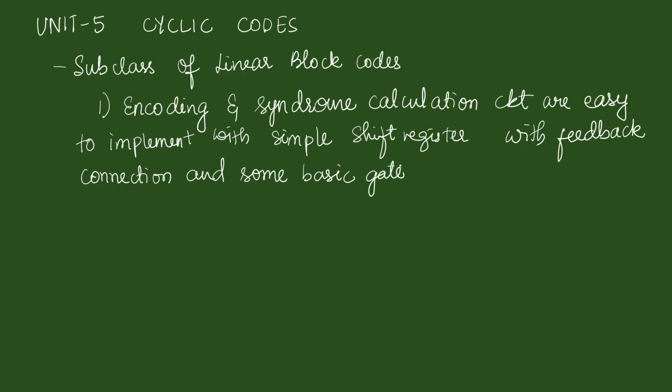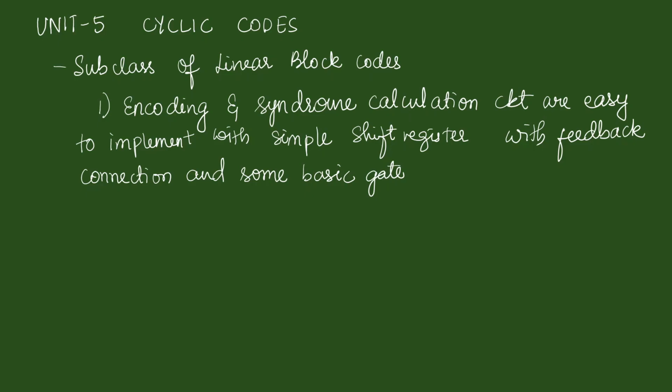So again, the cyclic codes are the coded information obtained for a block of information, but this particular type of code will help us in achieving the encoding and the syndrome calculation circuit to be much easier during the implementation in a practical scenario.